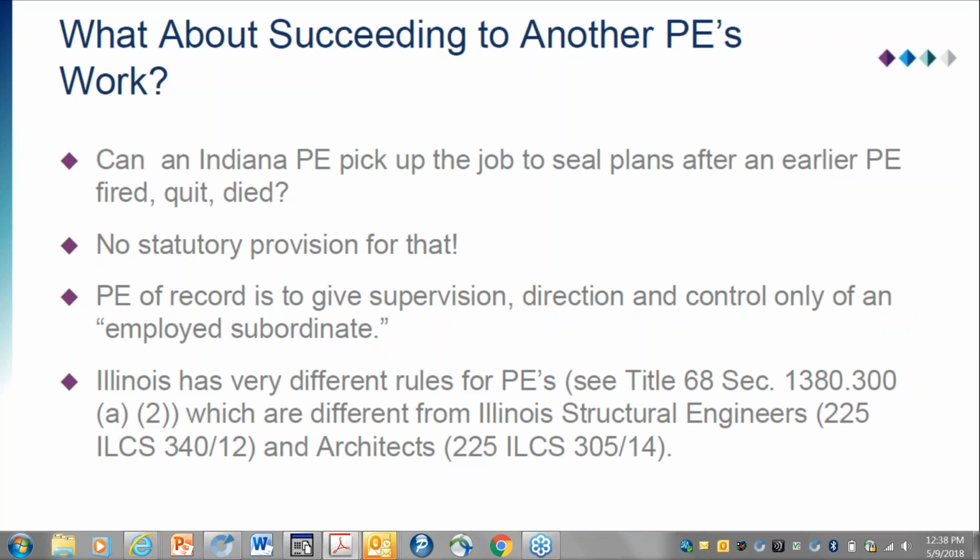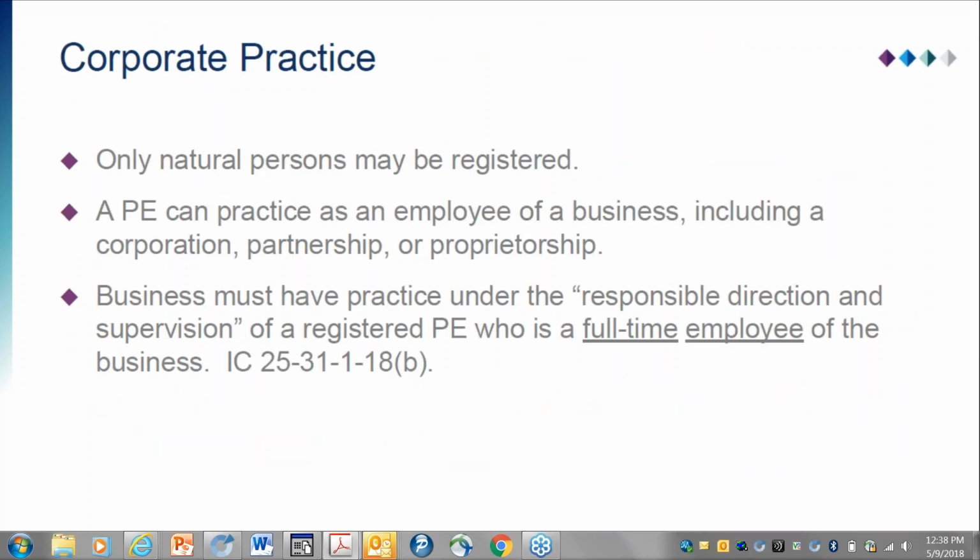But that's just not something that they've thought about in Indiana, or at least they haven't chosen to address it. And given the silence, our opinion is it just simply cannot be done.